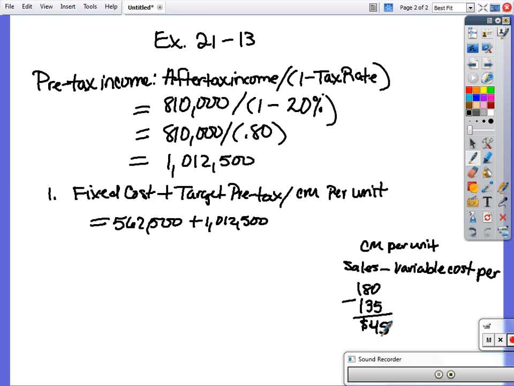Okay, so now we have our $45, so we can come back up to number 1, right? And divide that by 45. Somebody tell me what the amount is. How many units? About 34,988.88.